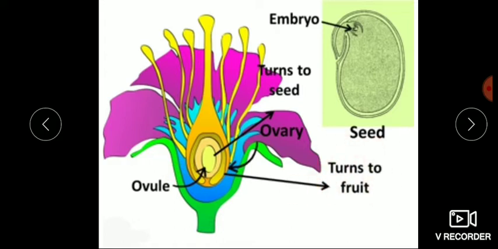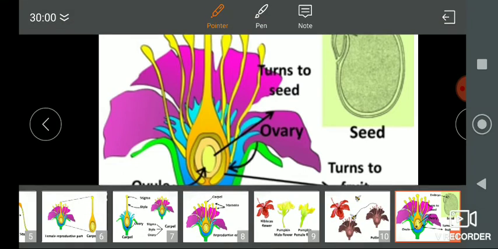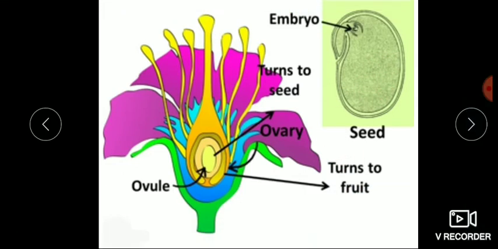Okay, which protects the seed. This ovule, a bead-like structure inside the ovary, turns into the seed.